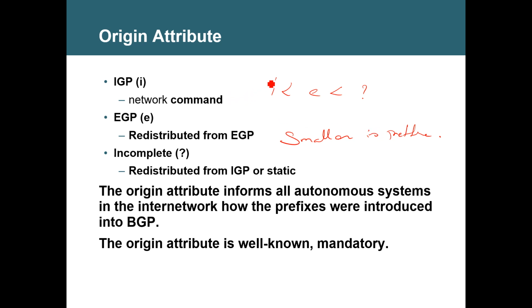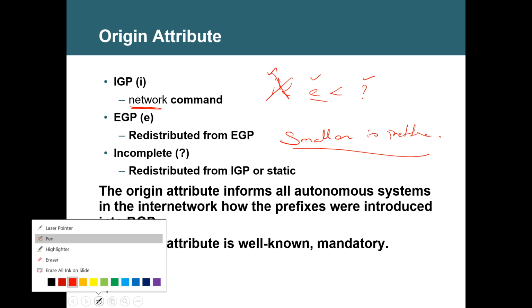One source says I, the other says E, the other says question mark. My router will prefer the smallest. I means BGP's own network, given as a network statement. And if I don't have I, then E is preferred over question mark.